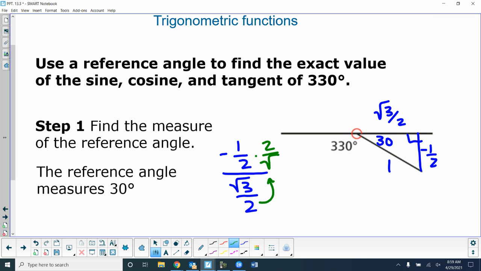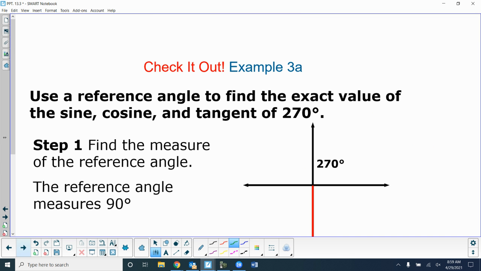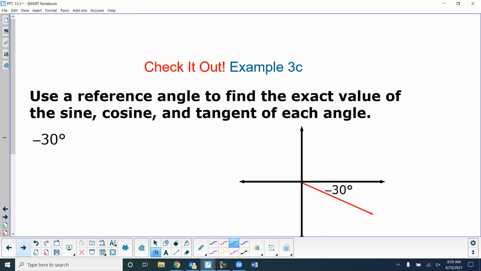Multiply by the reciprocal. Okay, so we have to do a little work for tangent. Same stuff though, right? Good job today. Again, it's the same stuff.